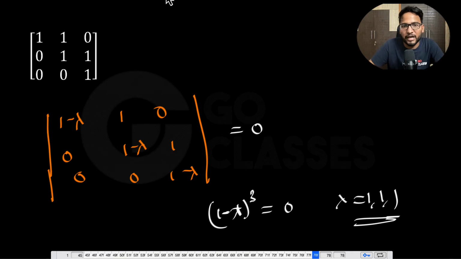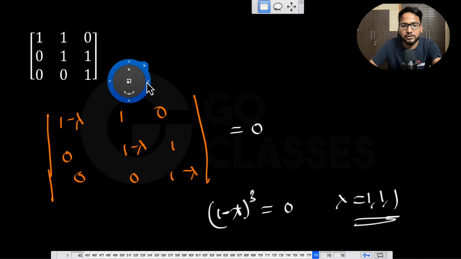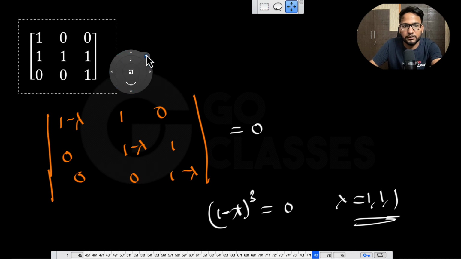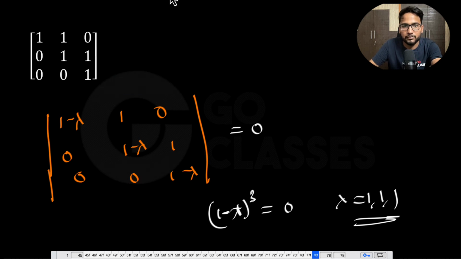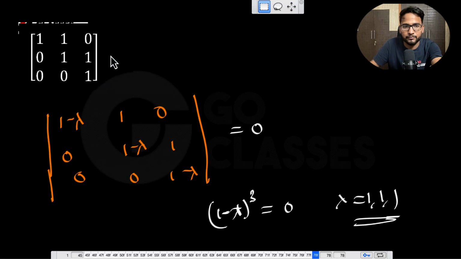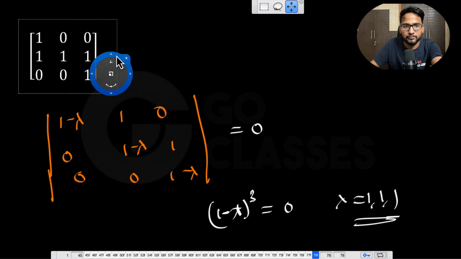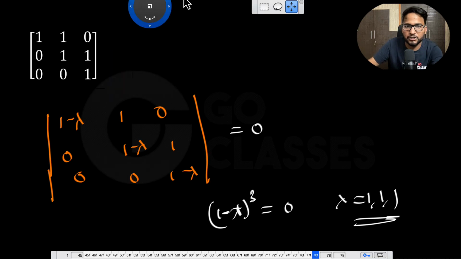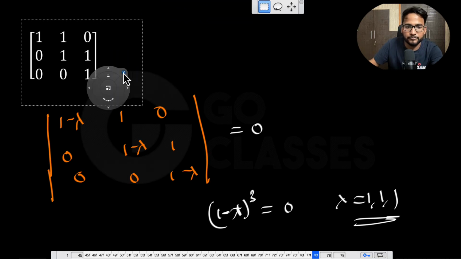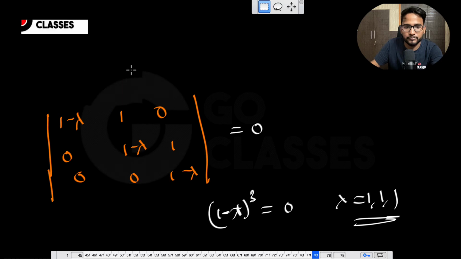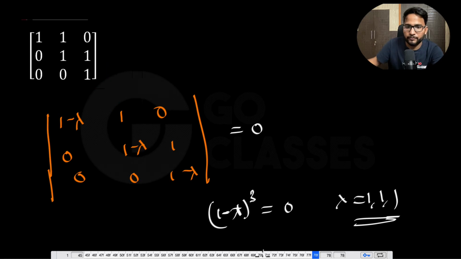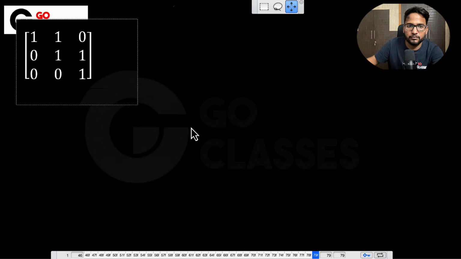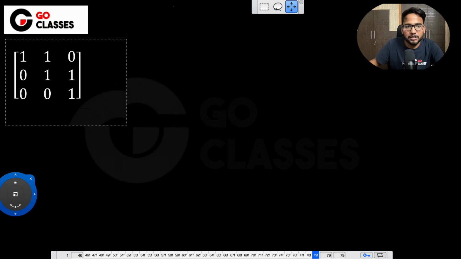So let's just now calculate the eigenvectors, right? Okay, so let's now calculate. Now let's just calculate the eigenvectors for lambda equal to 1.